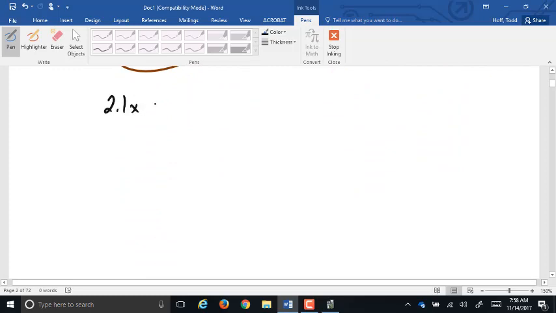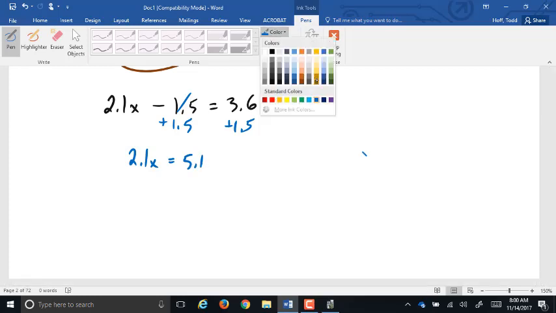So we can have 2.1x minus 1.5 equals 3.6. I'm going to let you guys try that one. What's our first step? Add 1.5. Very good. So we've got 2.1x equals 5.1.